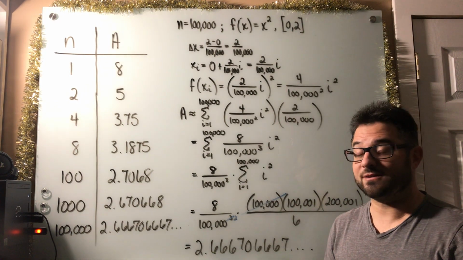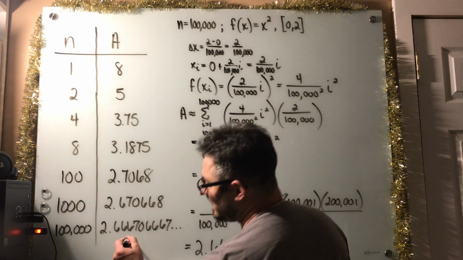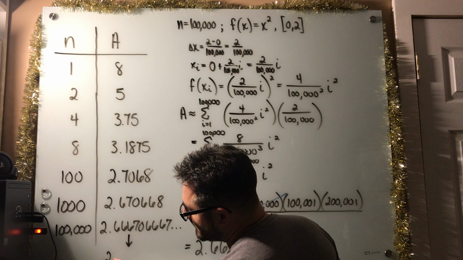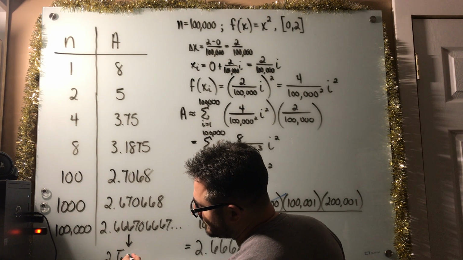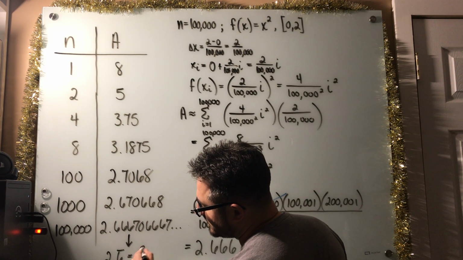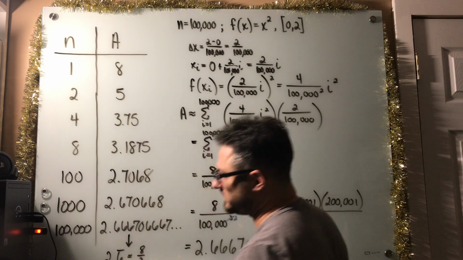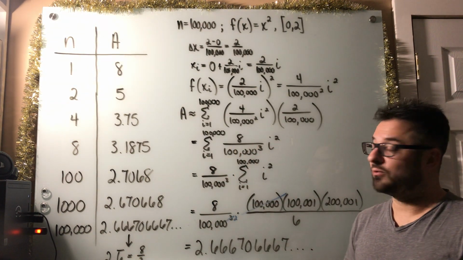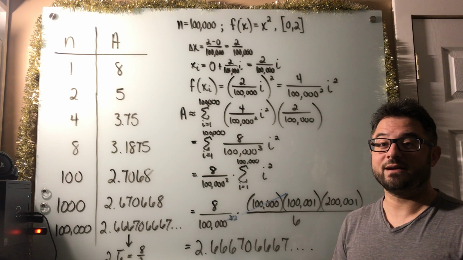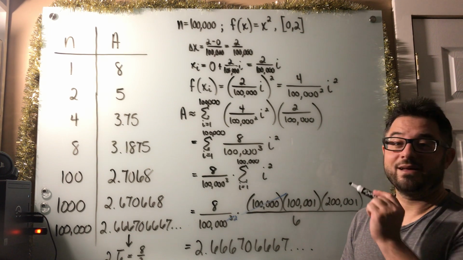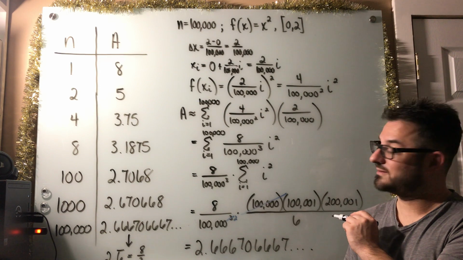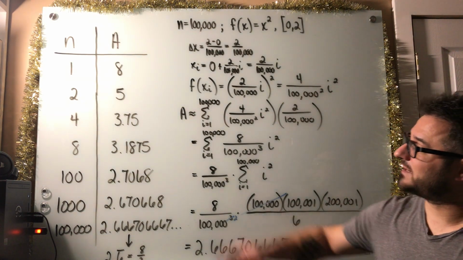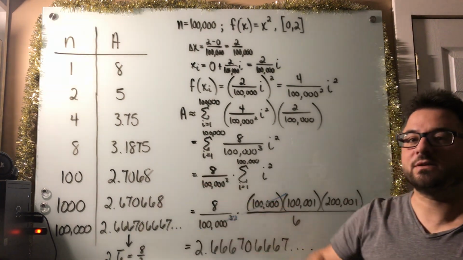So let's hold this thought and table it and say that we think this is approaching 2.6 repeating, also known as 8/3. And in the next video, we'll move on to an algebraic technique that will get this value exactly in one shot instead of having to do it over and over and over again.